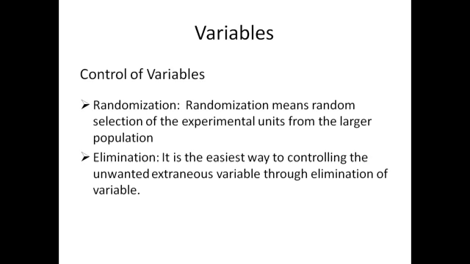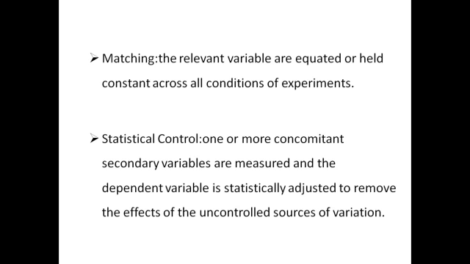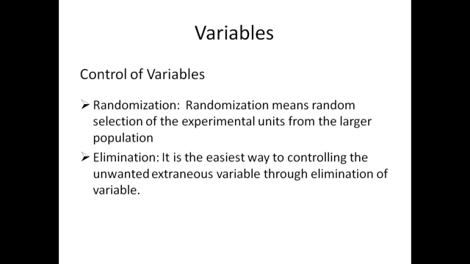With regard to control of variables, we will be discussing certain techniques such as randomization, elimination, matching and statistical control. First, let us know something more about control of variables.